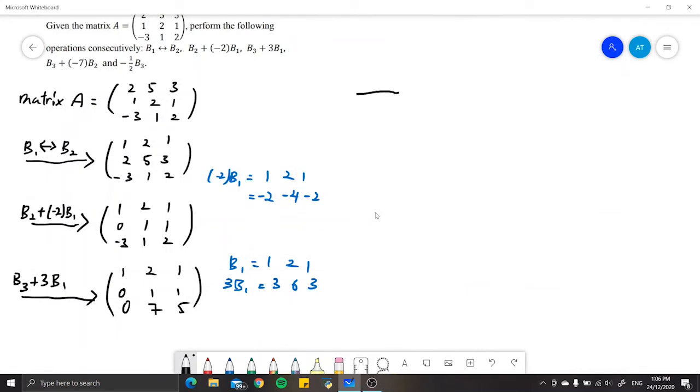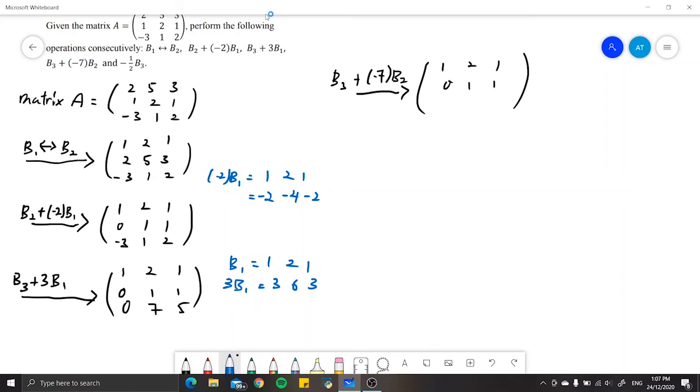The next step, R3 plus negative 7R2. The same thing, we'll copy down the rows that are not involved in this operation first. So it's 1, 2, 1, 0, 1, 1.